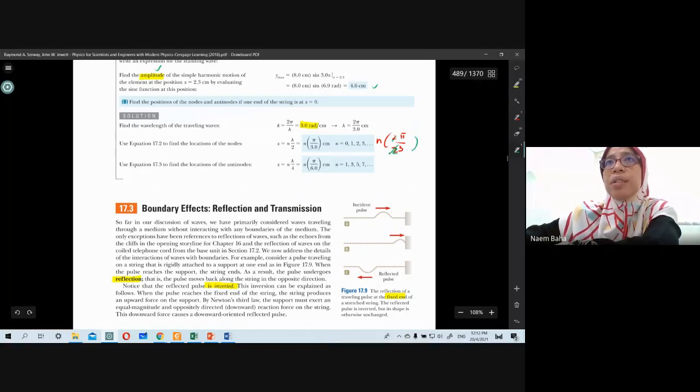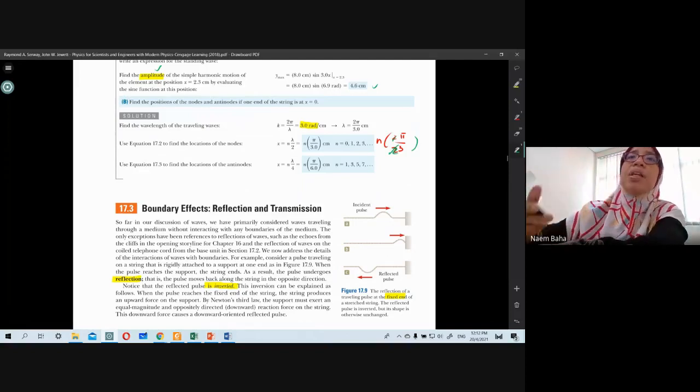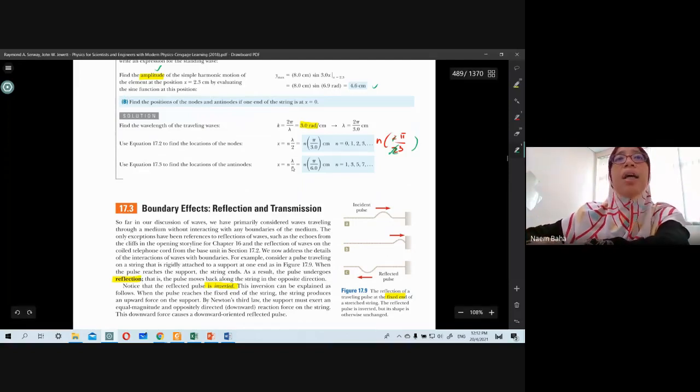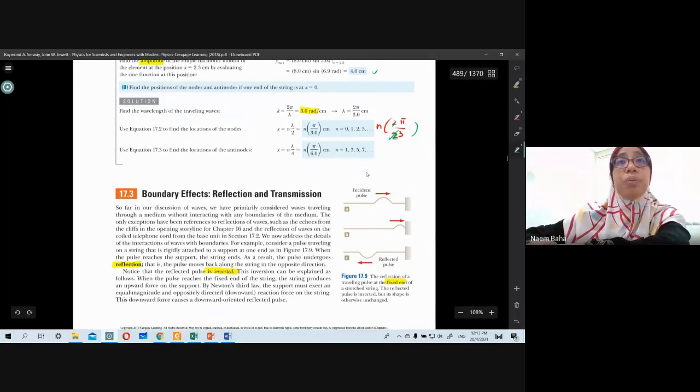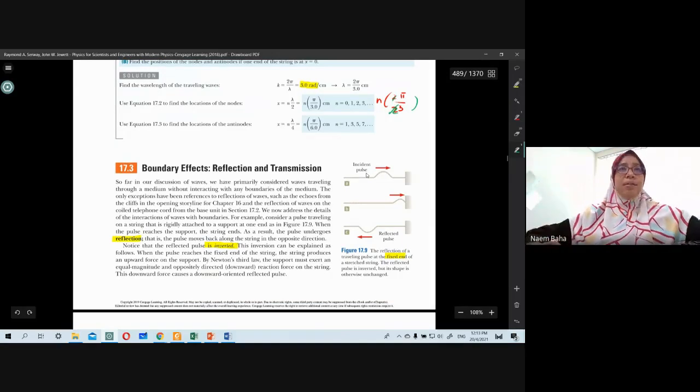So you find you can simplify. That's how you arrive at n pi over 3, and you must ensure that n is 0, 1, 2, 3, the generic sequence that was given earlier. Then for antinodes, repeat the same process with n lambda over 4, where n is 1, 3, 5, 7. Easy to remember, yeah? All right, let's have a look at the next subtopic, boundary effect.